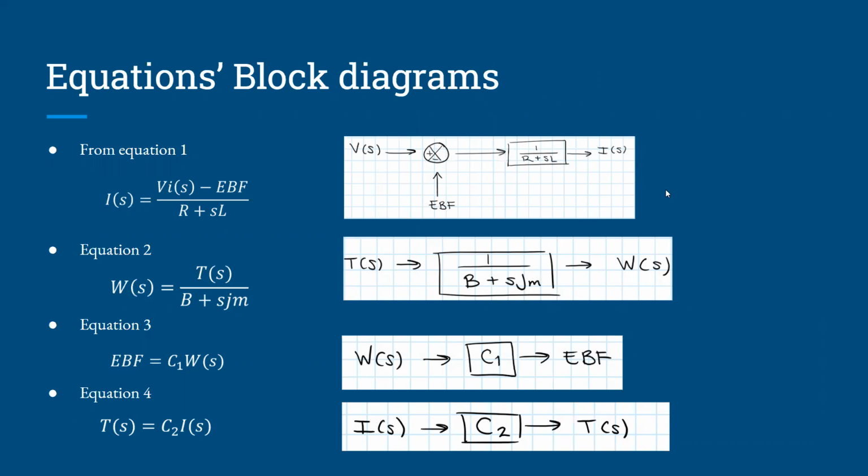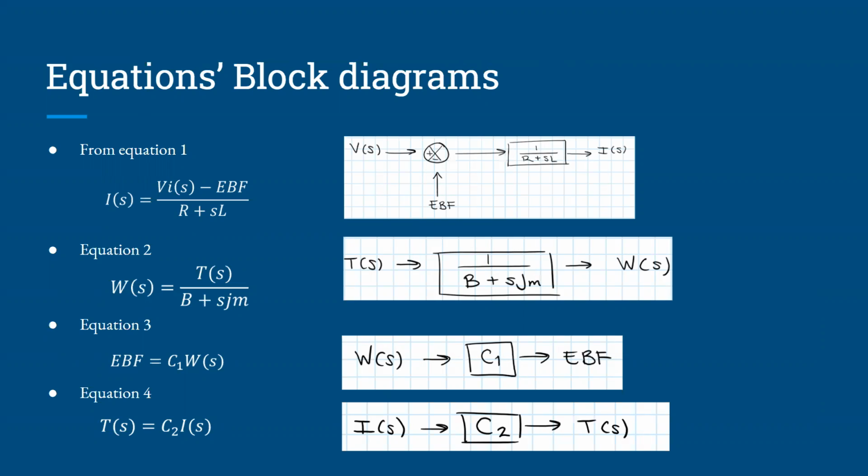Okay, so for practical purposes and as our modeling method, what we did here is obtain a block diagram from each equation. In the first step, we were interested in obtaining the input and the output values or functions, so we can model and obtain the transfer function.